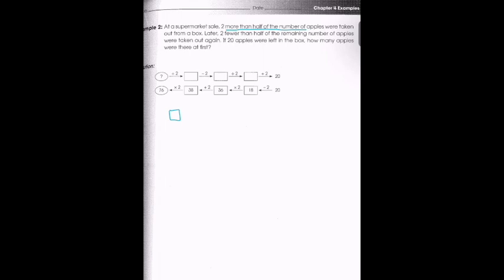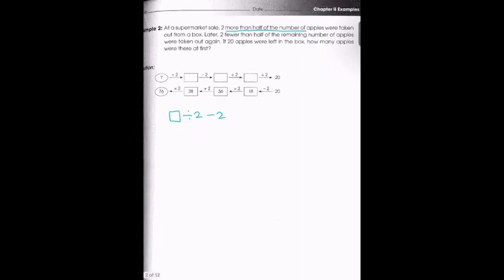So 2 more than half of the number of apples were taken out from a box. So we're going to divide by 2 and subtract 2 since 2 more were taken out. So if we reduce it to half and then we take 2 out, that's what we have left right now.